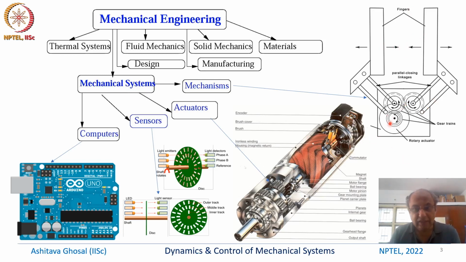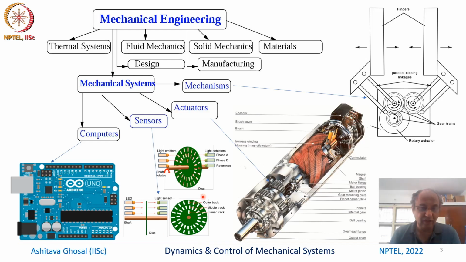To rotate some of the actuators, we have this DC servo motor, and the DC servo motor on its own contains many elements. So for example, we have this shaft, and to measure the rotation of this shaft, we have what are called encoders.